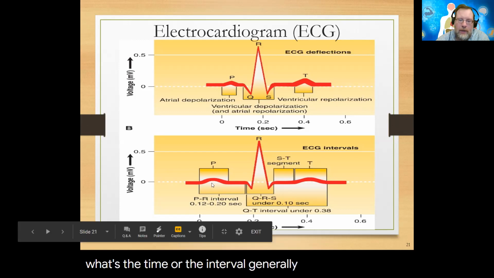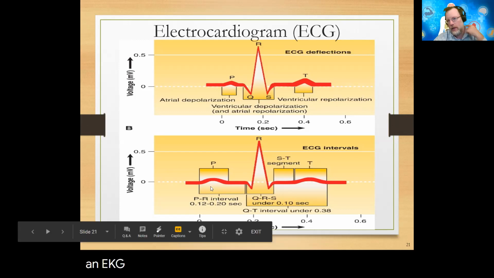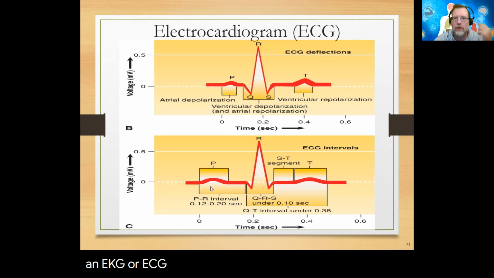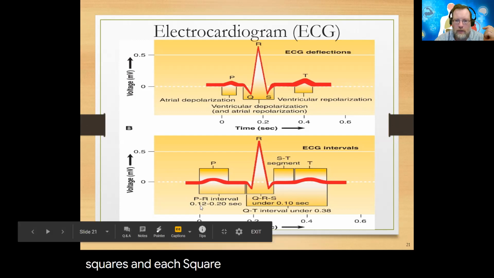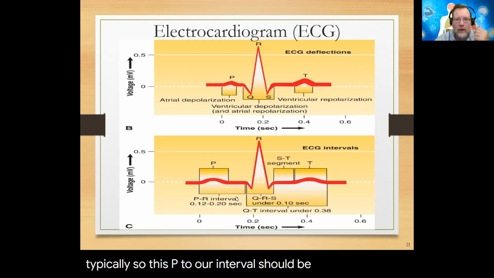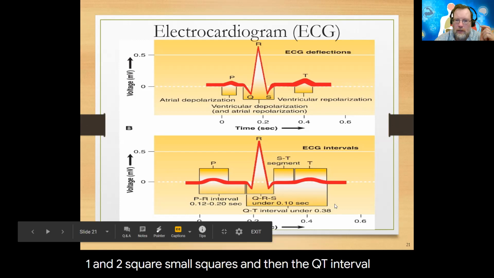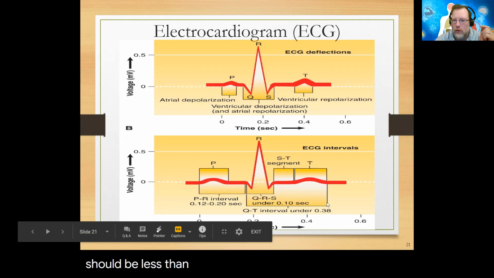Generally, and by the way, on an EKG or ECG paper, you're going to see a bunch of squares, and each square represents 0.1 seconds typically. So this P to R interval should be between 1 and 2 small squares. Okay, and then the QT interval should be less than 4 of these little squares.